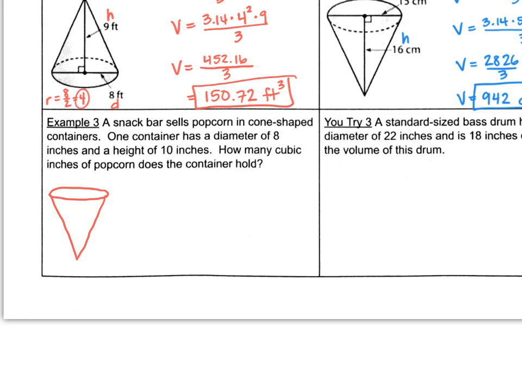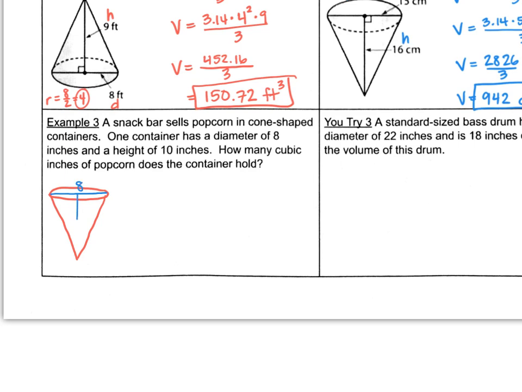And the diameter going all the way across like that. That is 10 inches. And going all the way down, that height is, actually I wrote down the wrong number. So 8 inches is the diameter.